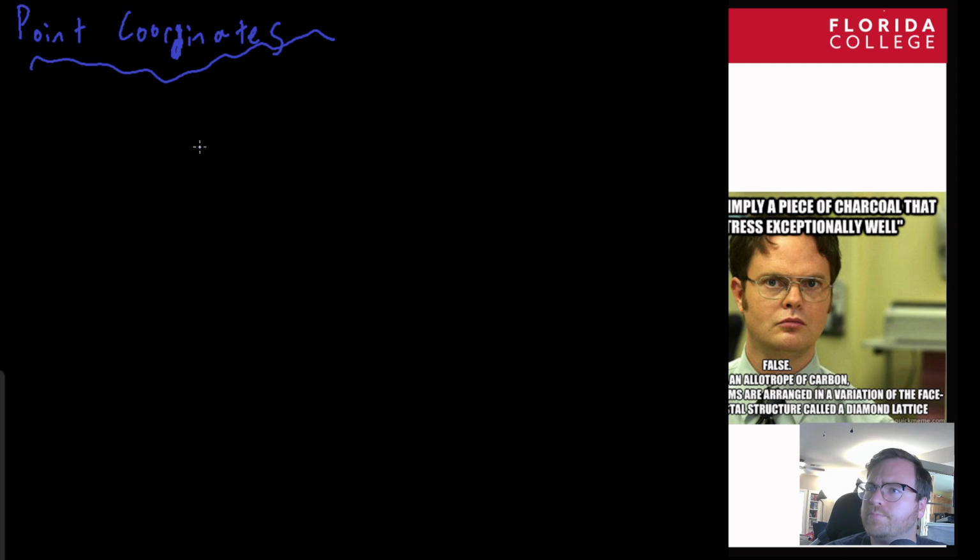So we're going to start by drawing a three-dimensional Cartesian coordinate system. This will be our x-axis here. Blue will be the z-axis. And red will be our y-axis.